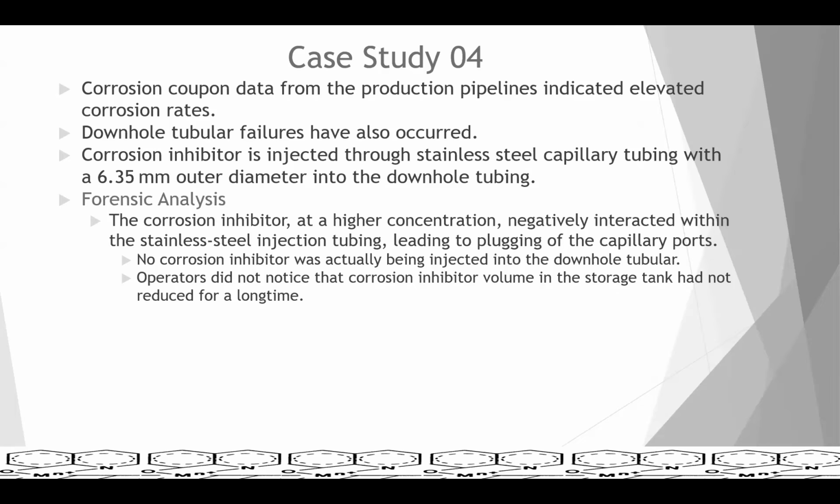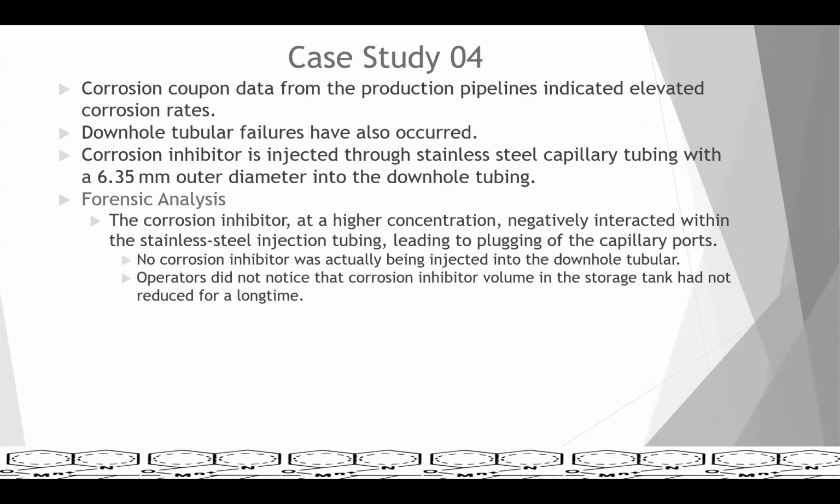And when they had this issue, I was involved. And what we found was that they were injecting corrosion inhibitor at a higher concentration that negatively interacted with stainless steel injection tubing, leading to the plugging of the capillary ports. Basically, no inhibitor was being injected into the downhole tubular because the hole was plugged.